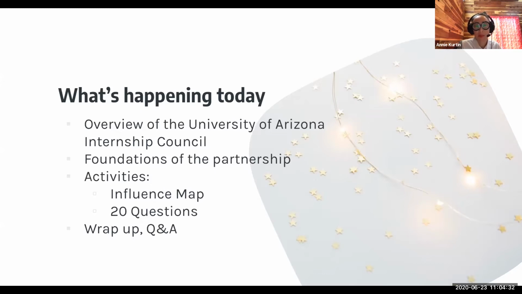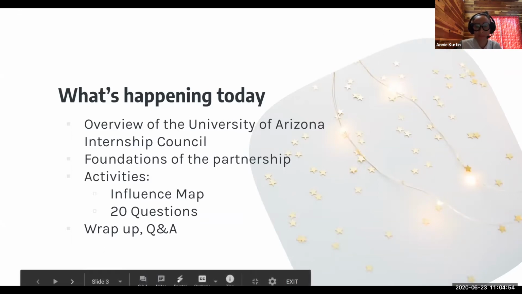And then we'll move into a few activities that we've used in our own practice that have helped us to troubleshoot and collaborate as we navigate partnerships, particularly those that might be ambiguous or certainly multidisciplinary. And then we'll end with some Q&A and wrap-up discussion.